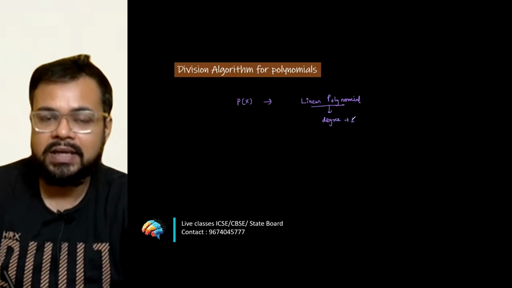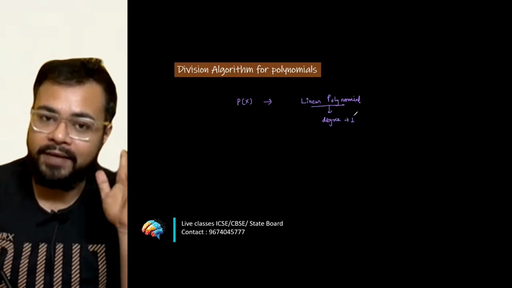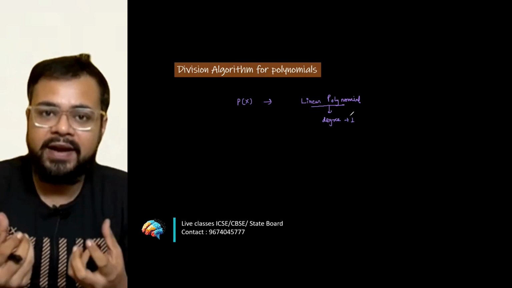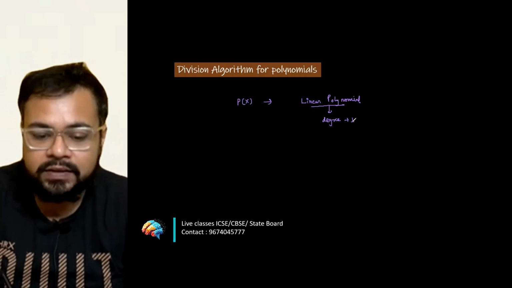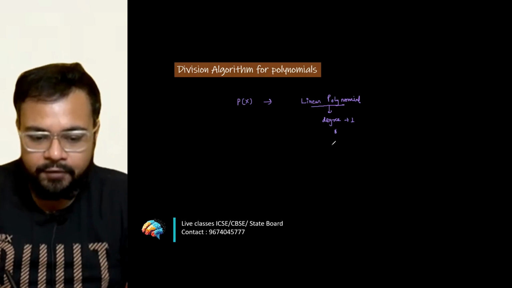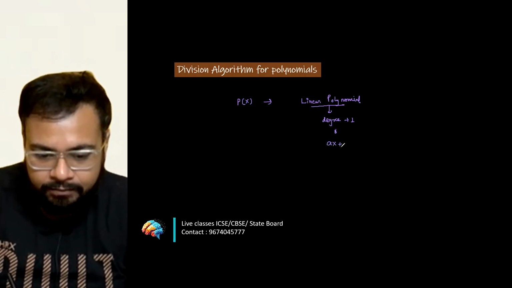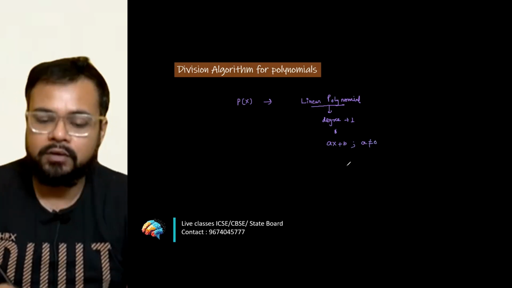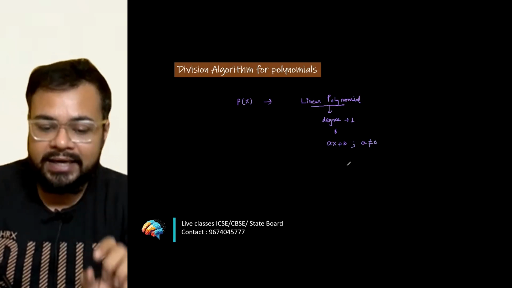Degree 1 means the highest power of any variable in that polynomial is 1. So its general form should be like ax plus b, where a is not equal to 0. a is a non-zero term. So that is a linear polynomial.